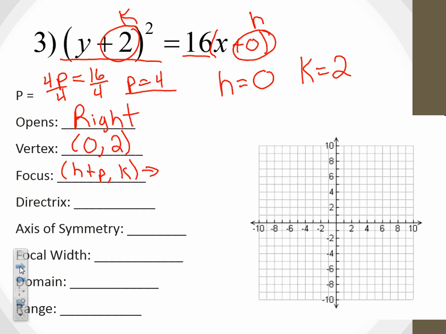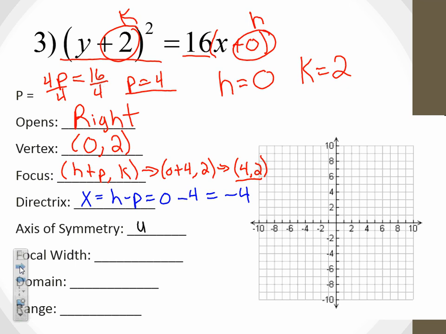So my h is 0, 0 plus 4, and my k is 2, so my focus is just (4, 2). My directrix is x equals h minus p, which is 0 minus 4, so just negative 4. My axis of symmetry is going to be y equals k, which is just 2.